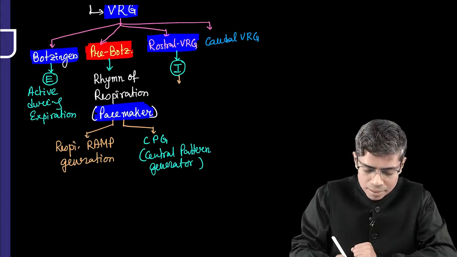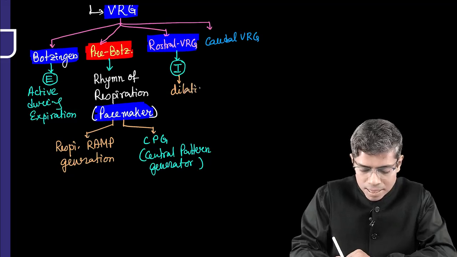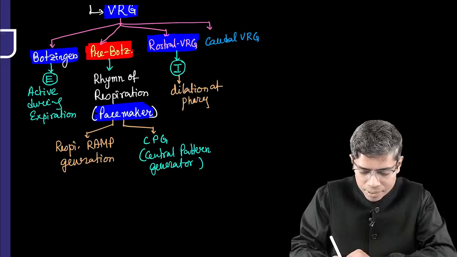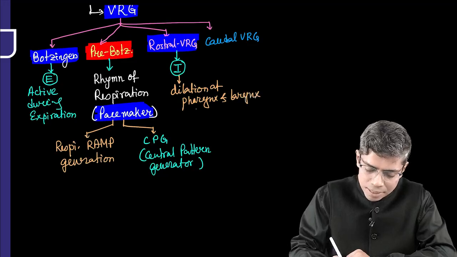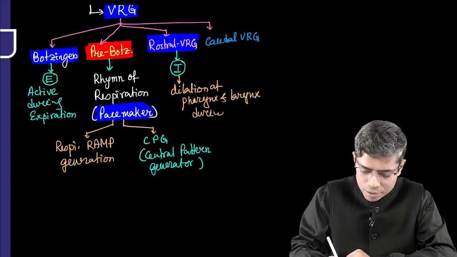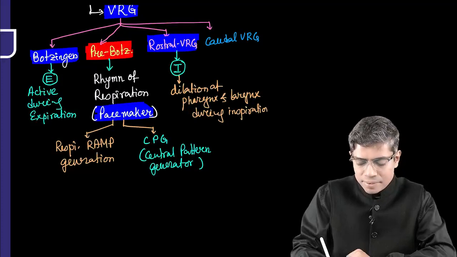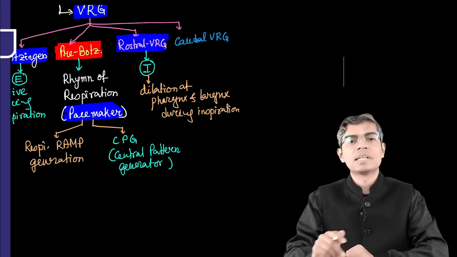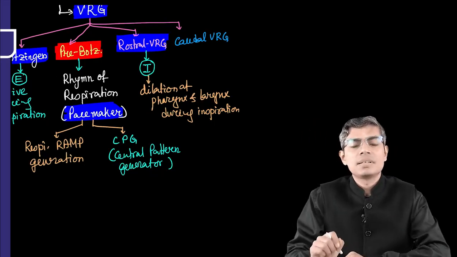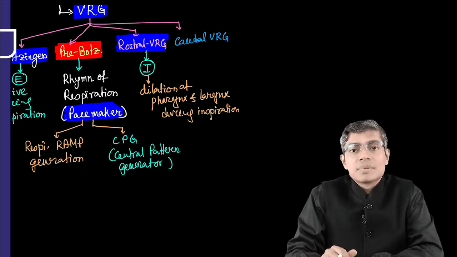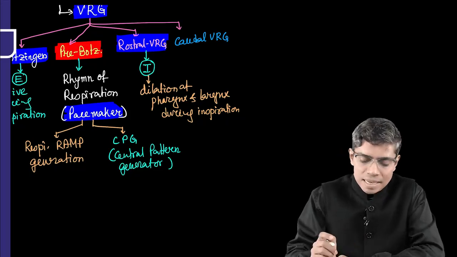So what I am writing, this Rostral Weiergy is responsible for dilation of the pharynx and larynx during inspiration, right? During inspiration, you know that there will be dilation of the pharynx and larynx, and that is dominantly done by this Rostral Weiergy. So a specific question can be given in future from these different areas.